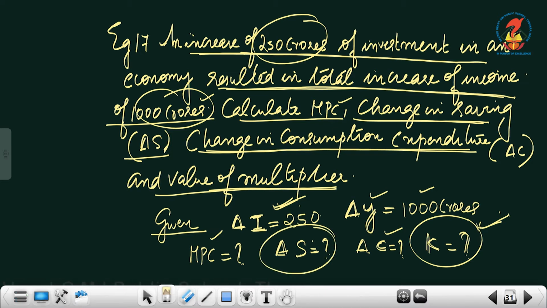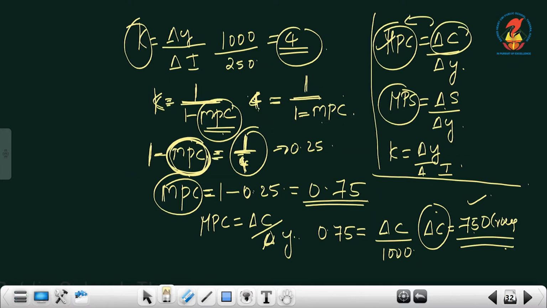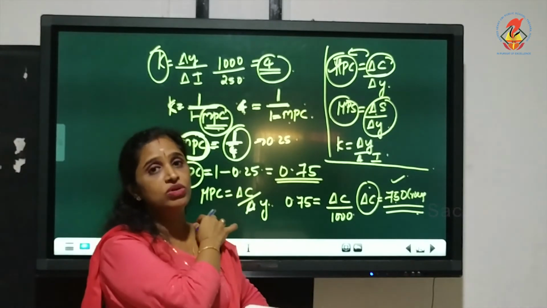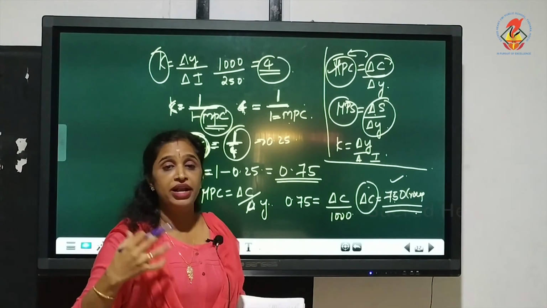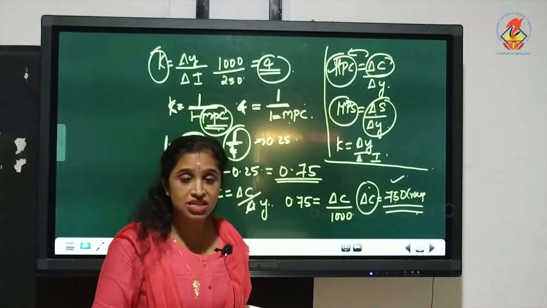Now we need to find out the value of delta S. How will you find out the value of delta S? You know the formula where delta S is present. Which is the formula? MPS is equal to delta S by delta Y. You can find it in the same way where you found MPC, and after that from that you found delta C and all.